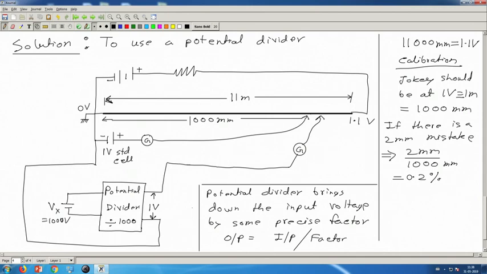But just a small note, even if this is 1001 by an error, that will cause 0.1% error, and that is not as large as 2% or 20% in the previous example. So, this error can still be small depending on how good this potential divider is.